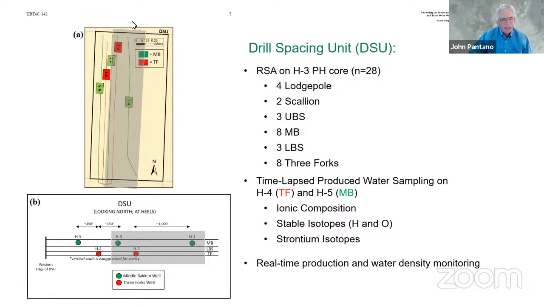In map view, we had a Three Forks well, which is red, and a Middle Bakken well, which is green. In wine rack view, you can see there's 350 feet between them, and on the logs you'll be able to see where the Three Forks well is. The Three Forks is deeper, and you can see what that spacing is. We're going to look at some of the stable isotopes first, and then we'll look at the strontium.